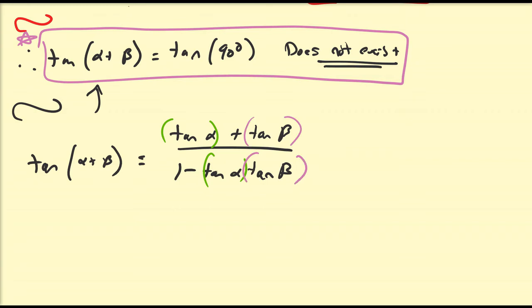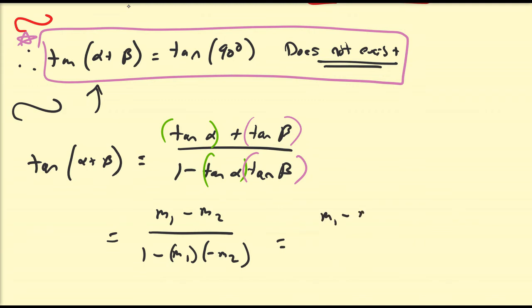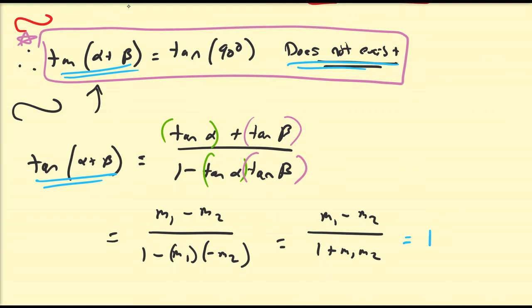So this is going to be equal to m1 minus m2, all divided by 1 minus m1 times negative m2, which is the same thing as m1 minus m2 all over 1 plus m1 m2. We already said that tangent of alpha plus beta does not exist, so that means this expression does not exist either.